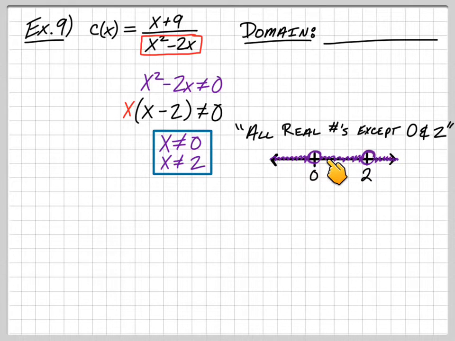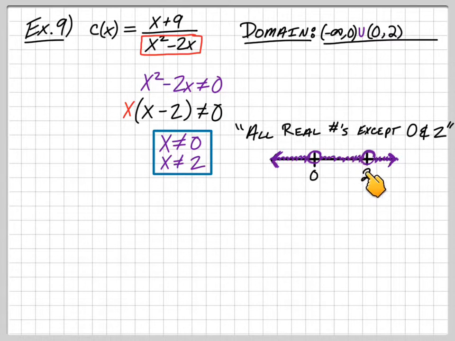The reason I talk about the number line here is because we're going to have that broken up domain again. So you have this piece from negative infinity to 0. Then there's a break at 0. Then you've got this piece from 0 to 2, so union with the piece from 0 to 2.